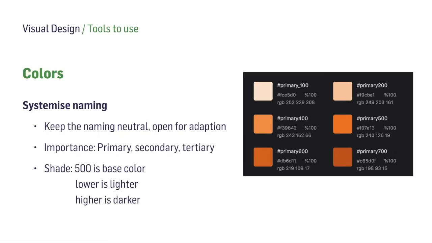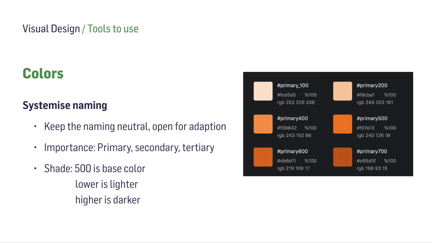So see what the problem is with the naming if you use the literal color name. So it's much better to use neutral naming like primary, secondary, tertiary, so you won't run into these problems when stuff changes. So be open for adaptation and create a good overview of the colors and their names.